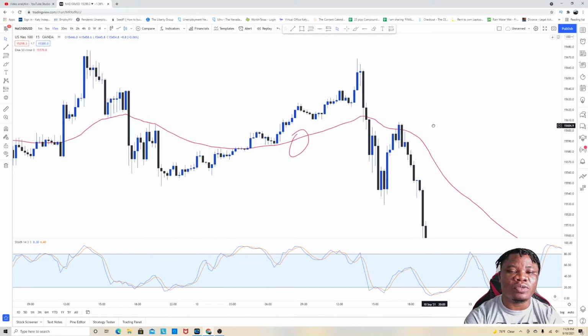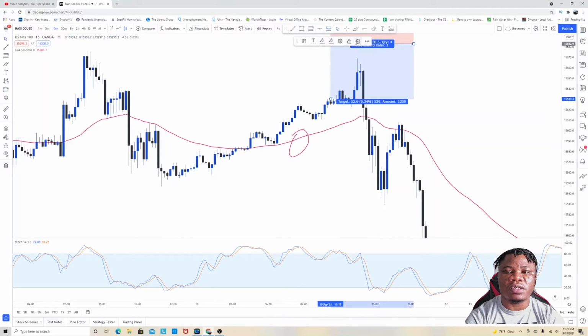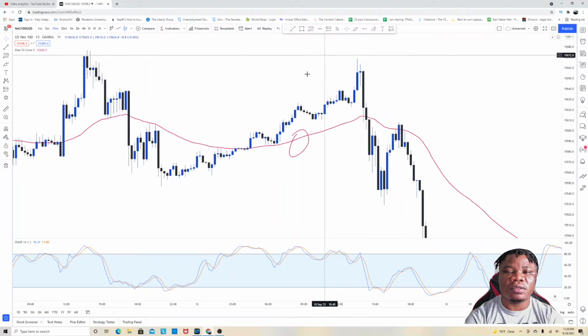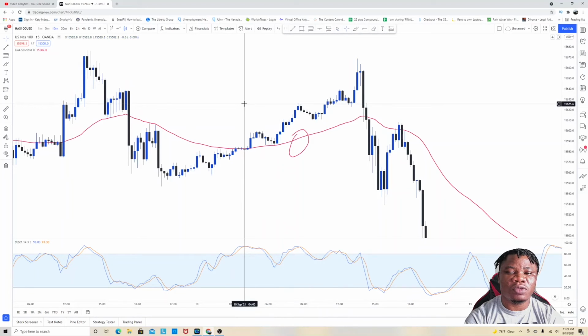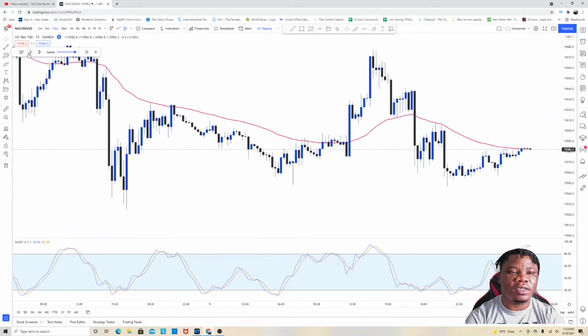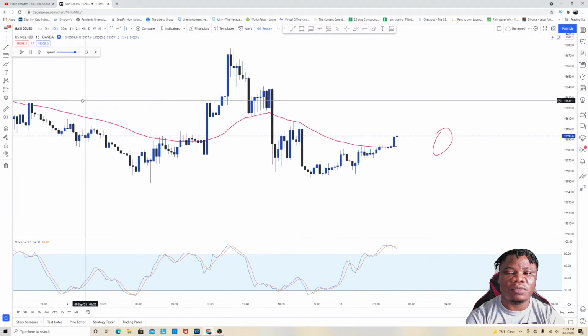Now I'm gonna put this in replay mode so you guys will see where your entry will be for this trade right here. So we're gonna start from right over here, and let's see where our entry will be.